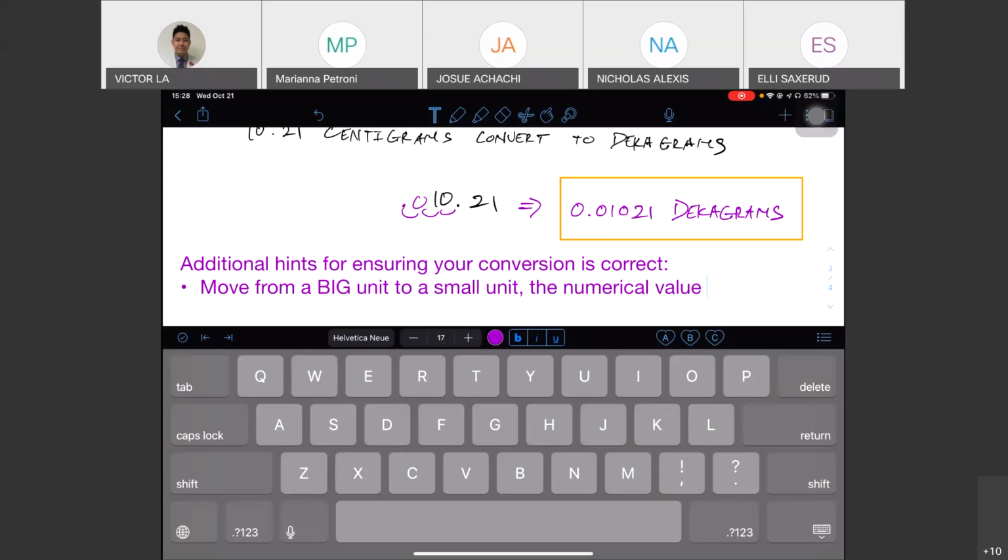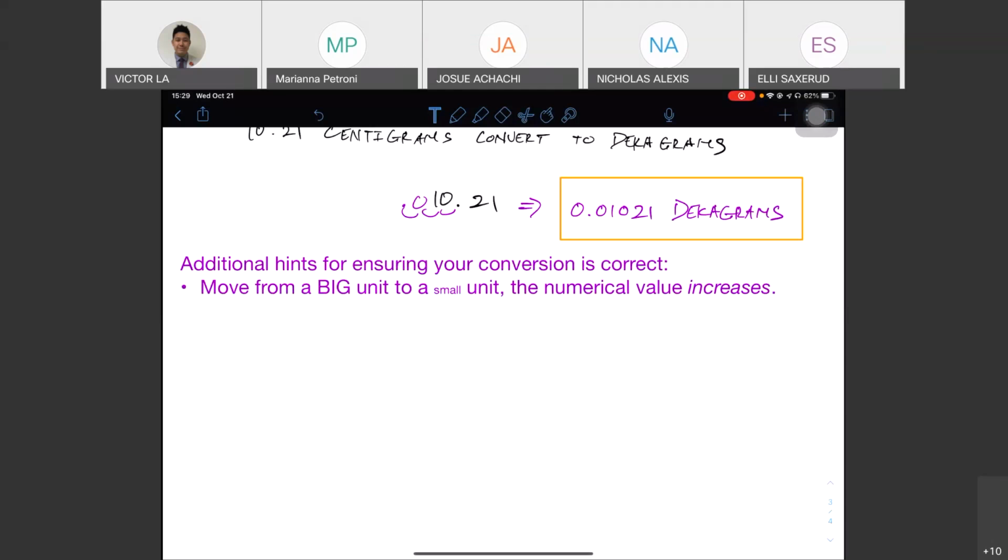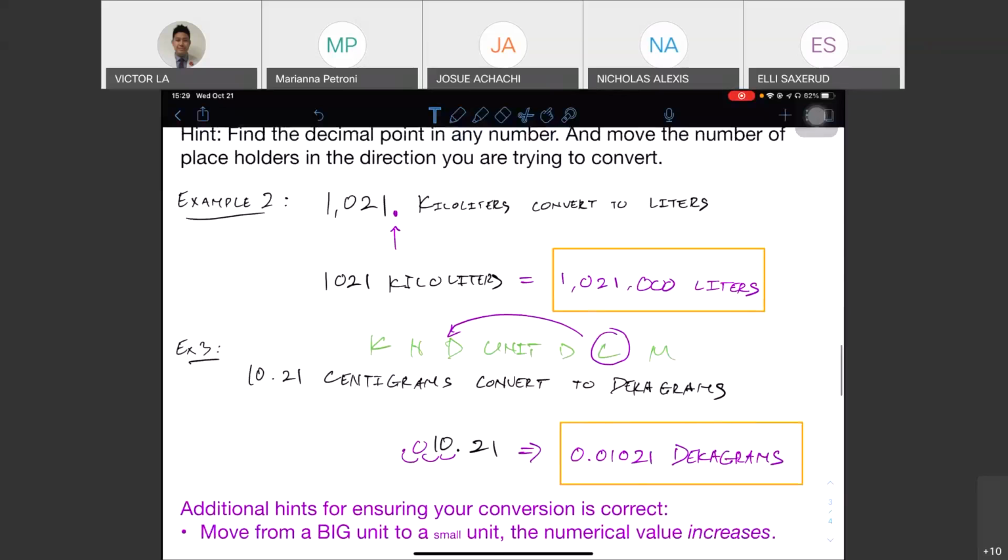Say for example, you go from kilometers to meters. The numerical value, which means the number itself, not the value, because the overall value is the same, decreases. I'm sorry, increases. So let me demonstrate that. Look at example 2.